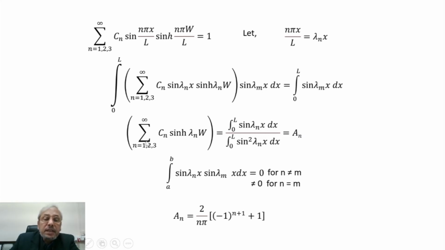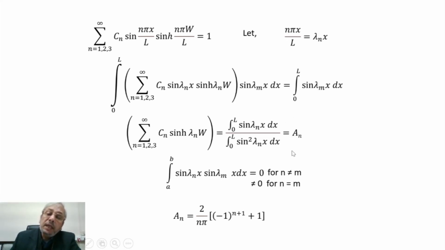So this series, n equal to 1, 2, 3 up to infinity, Cn sine hyperbolic lambda n w, equals an.